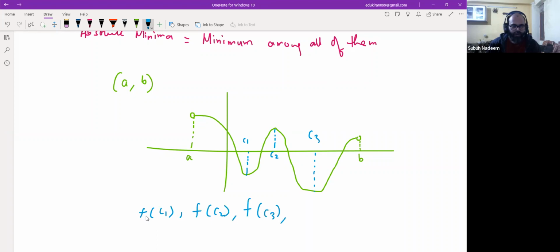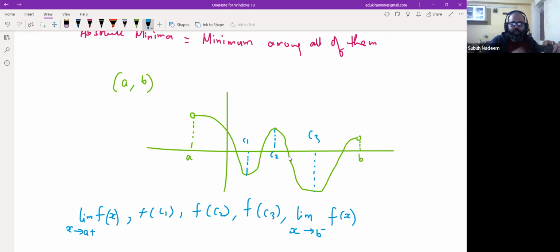And also you find the value at x, where limit x approaching a plus, because a you cannot take, but a plus you can take, right of a. Similarly, limit x approaching b minus fx, left of b. So these are the endpoints, right of a and left of b.